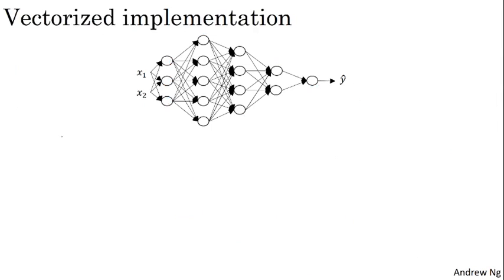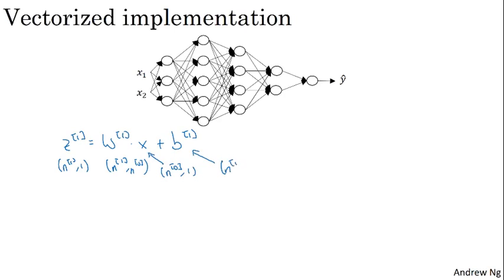So previously, we had Z1 equals W1 times X plus B1, where this was N1 by 1, this was N1 by N0, X was N0 by 1, and B was N1 by 1.